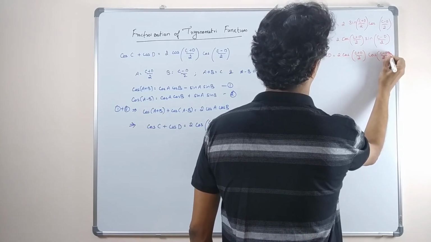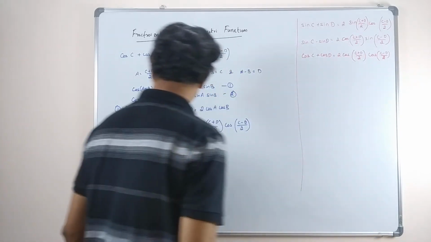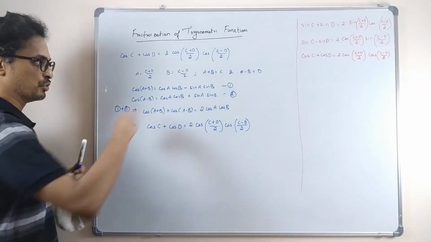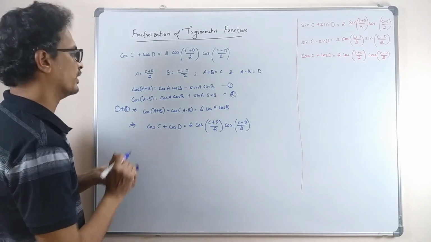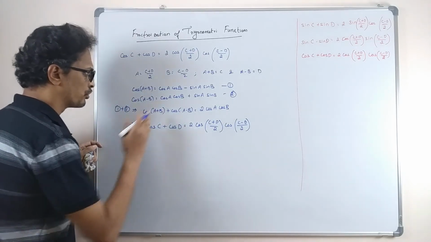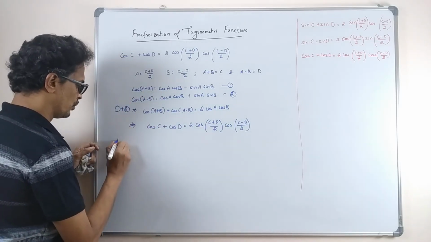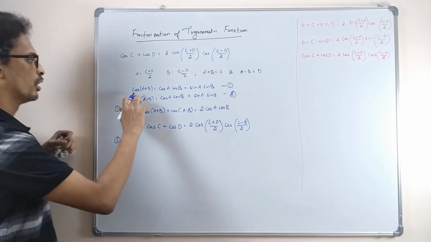Now you can find out what cos C minus cos D will be also, correct? That also is simple, trivial. Just subtract these two. Which one do you want to subtract? 1 minus 2. So what will be 1 minus 2?